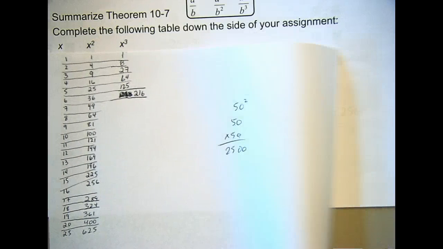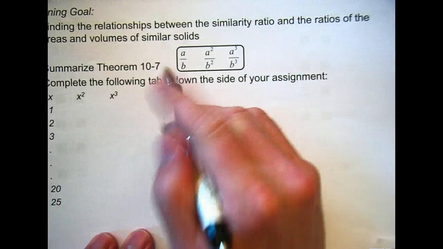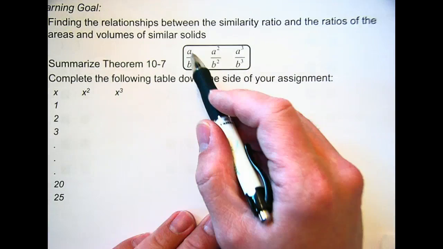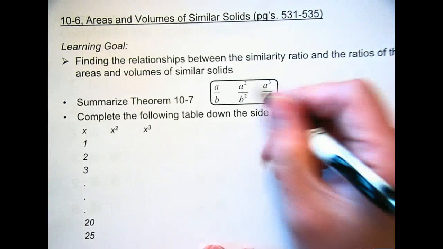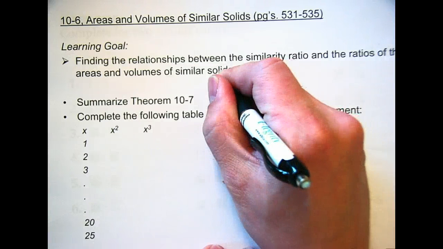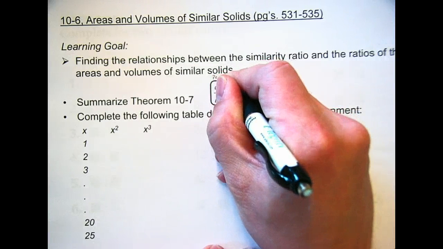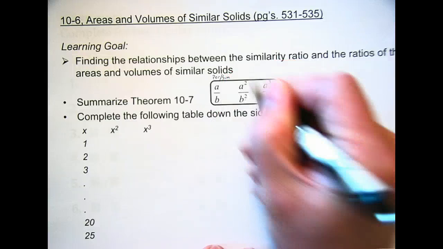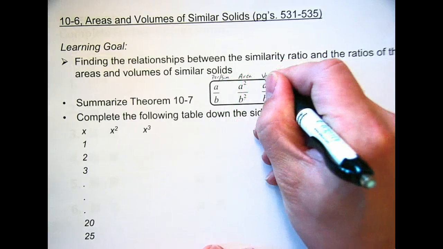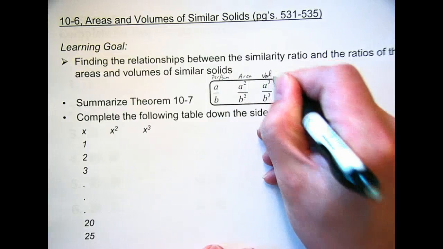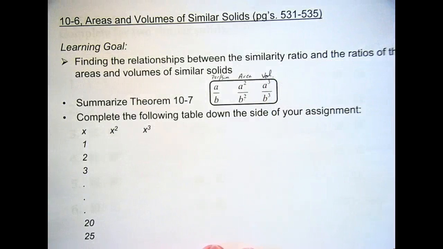So today theorem 10.7 says, remember yesterday we dealt with A is to B, the similarity ratio, where A squared is to B squared was perimeter or similarity. This one's area, and then for volume, we're in cubic units. So A cubed is to B cubed.